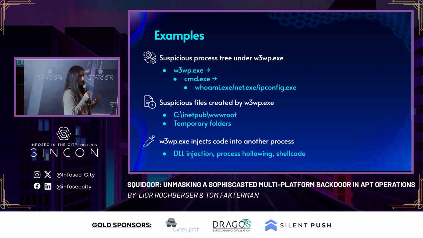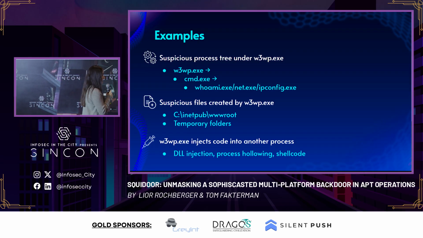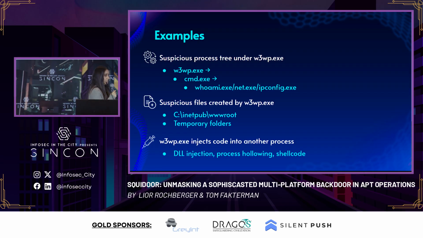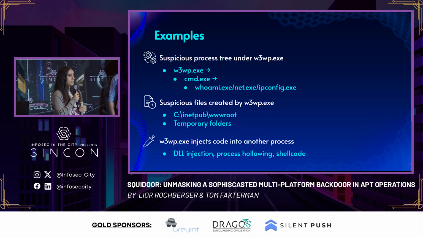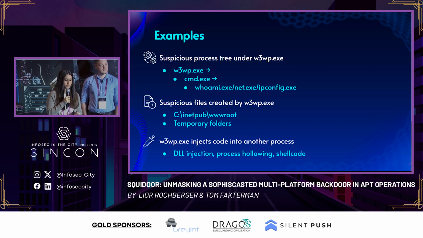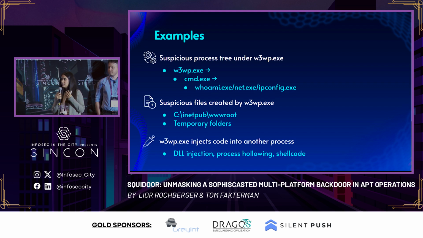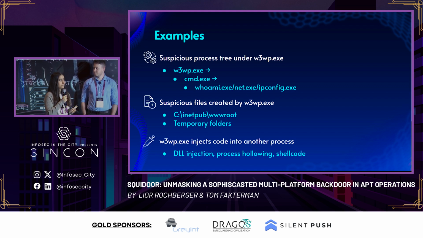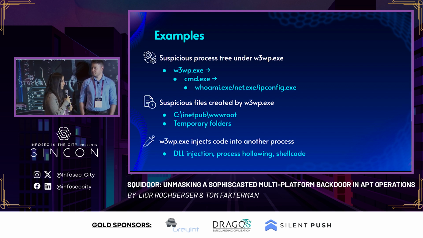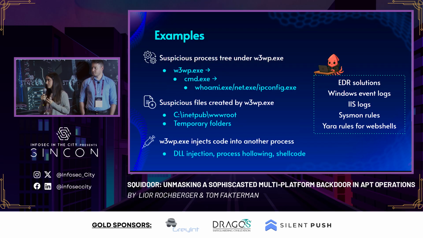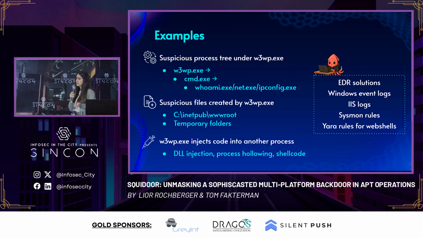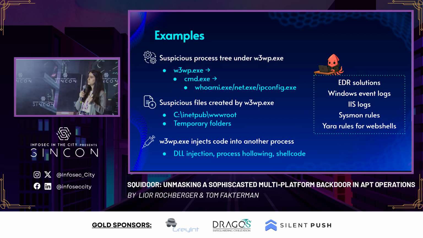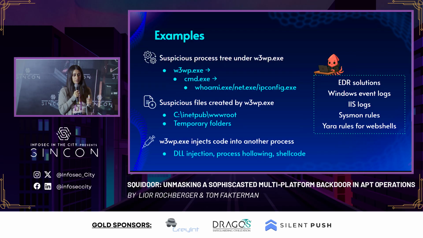And another critical technique that we monitor is process injection, where W3WP injects code into another process through DLL injection, process hollowing, and also direct shellcode execution. And these hunting techniques have been proven effective at hunting for IIS exploitation attempts. To get this information, we leverage different data sources, such as EDR solutions, Windows event logs, IIS logs, Sysmon rules, and Yara rules that were specifically designed to detect web shells.